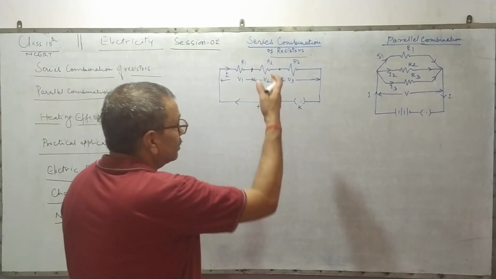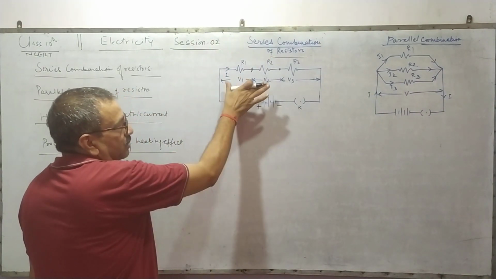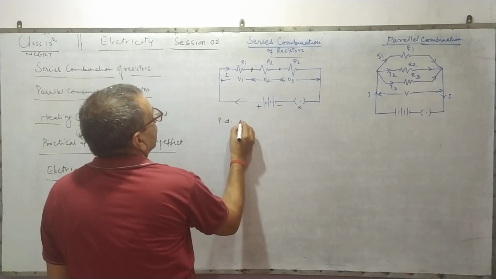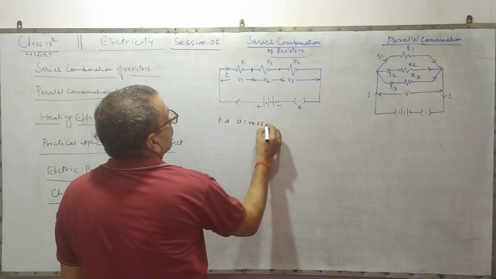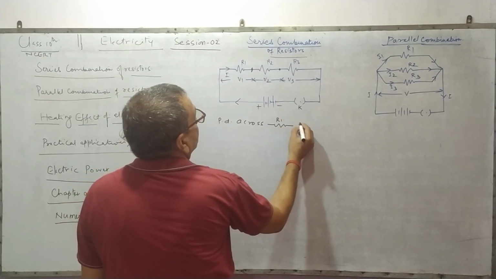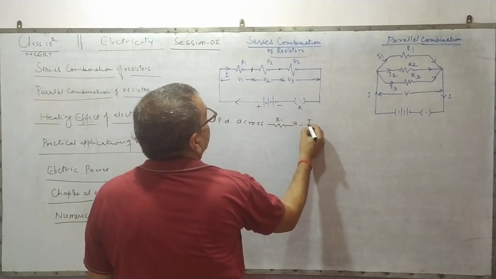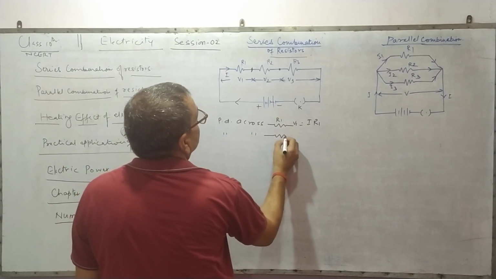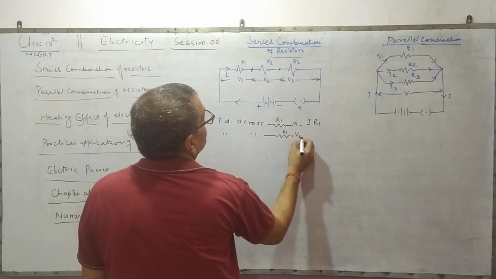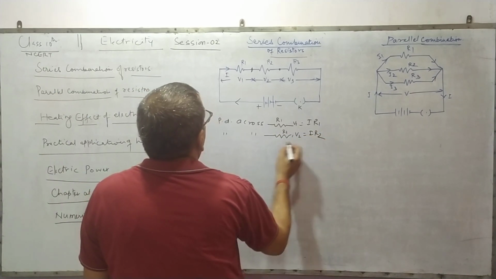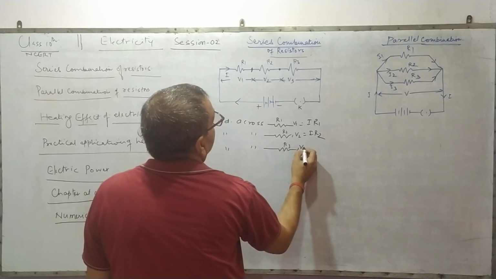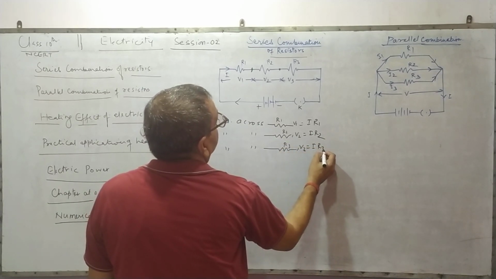So let us see series combination. Potential difference across resistance R1 is V1 equals I into R1. Similarly, potential difference across R2, V2 equals I into R2, and across R3, V3 equals I into R3.